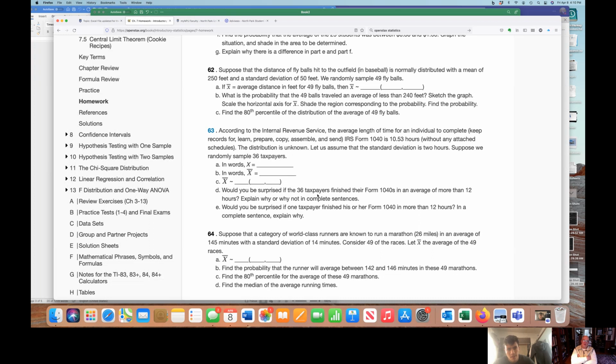Well, we're just finding the probability. And what's the 80th percentile? Well, once I get my X bar, it's just like a problem we already did, right? Right. So really the problem is finding A. So let's do 63.